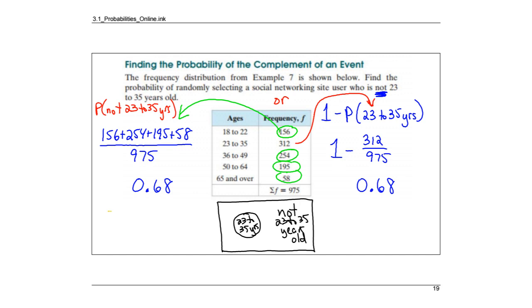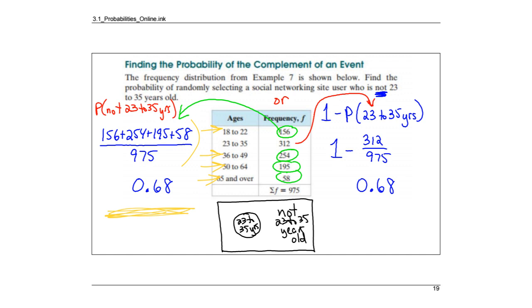You can come over here on the left-hand side, and you can just add up everybody who is not 23 to 35. So I took the 18 to 22, 36 to 49, 50 to 64, and 65 and over. I took all of those frequencies, added them up, put them over the total, and I got 0.68. That's fine for this one because there's only 4 numbers.